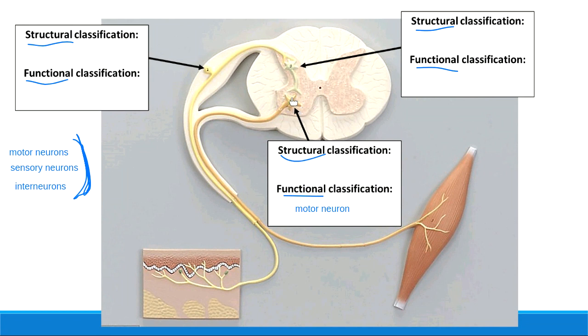This neuron has many extensions off of its cell body. What structural classification would I give this? Exactly. Yep. We're chiming in. This is an example of a multipolar neuron. This is a multipolar neuron right here. Absolutely.